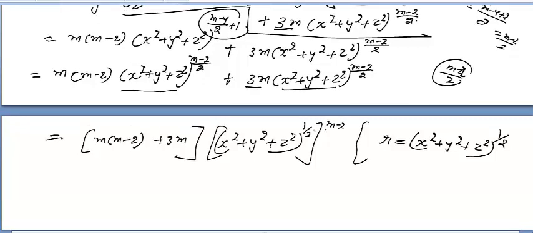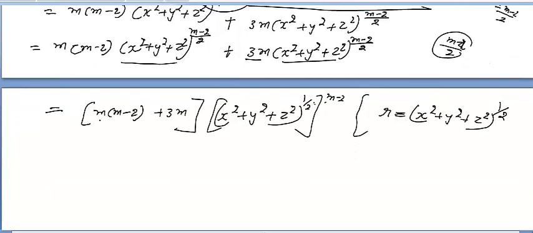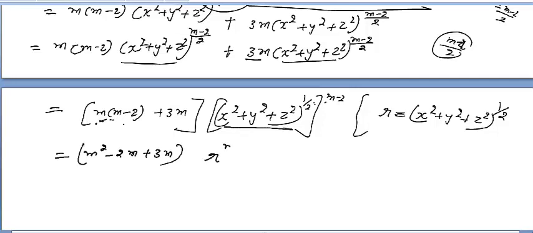So what you are getting here, now you can solve this one also: m into m square minus 2m plus 3m. Now this will become r raised to power m minus 2. Now here m square minus 2m plus 3m plus m, and you have r raised to power m minus 2.